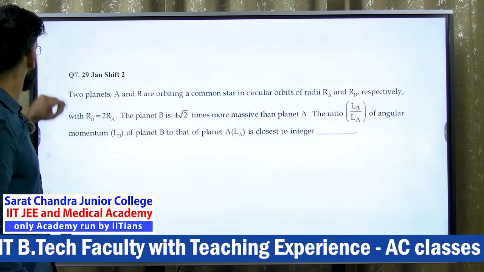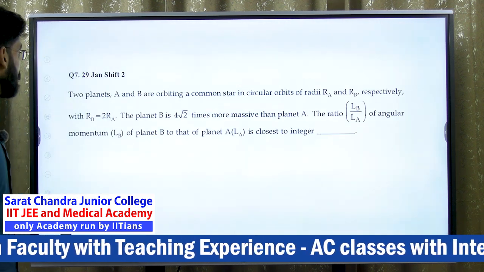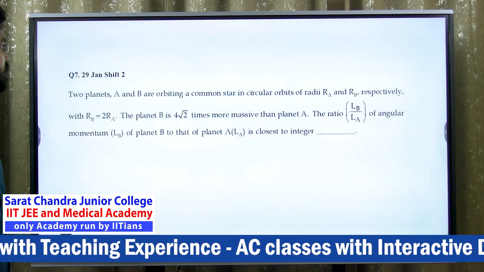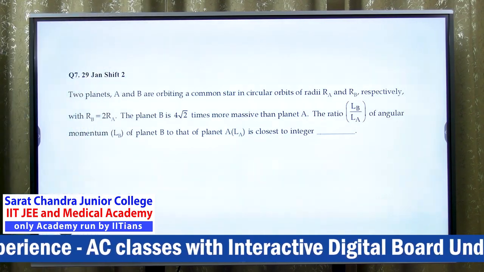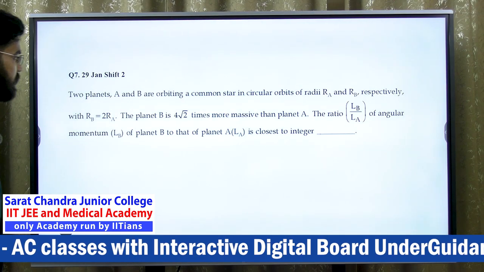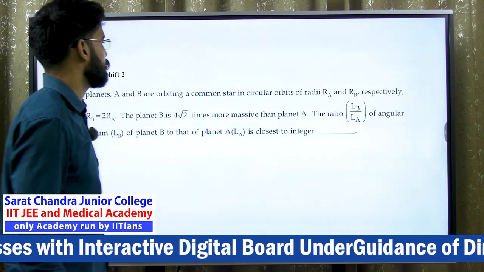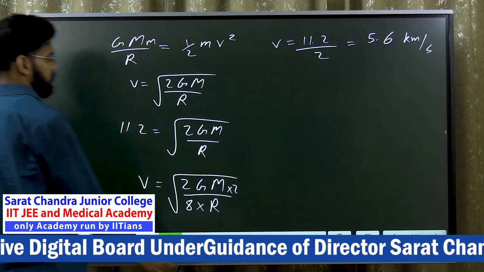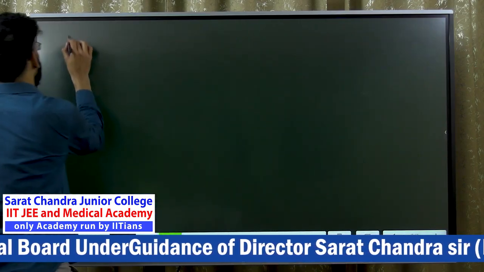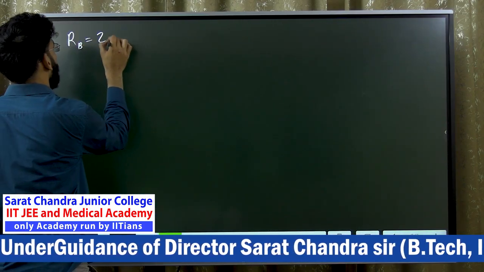Next, 7th question. Two planets A and B are orbiting a common star in circular orbits of radius RA and RB. Okay, RA and RB relation is given. The planet B is 4 root 2 times more massive than planet A. Okay, so first of all, he said that RB is equal to 2RA.